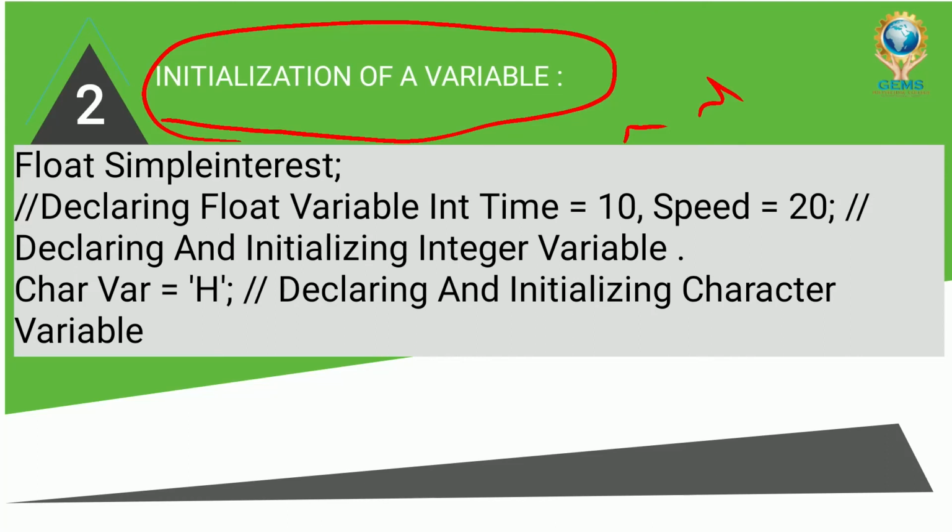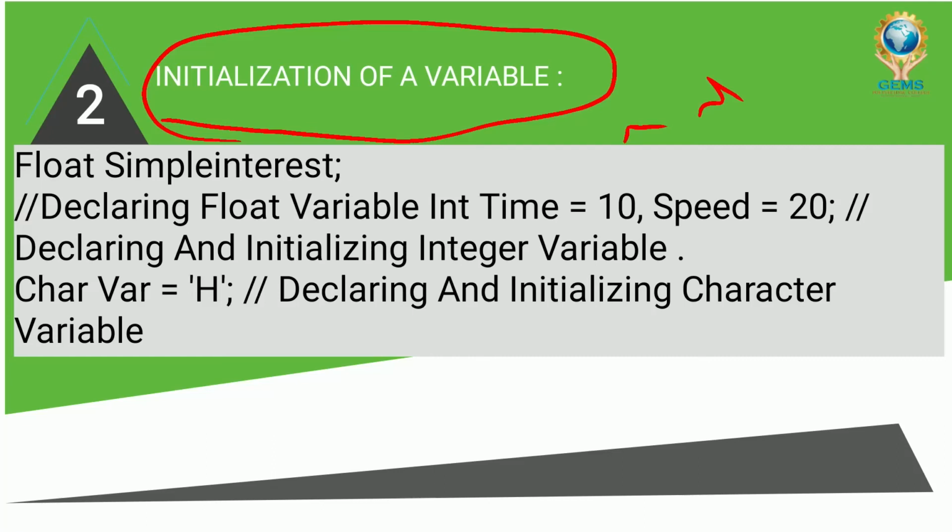What you are doing here: first we are declaring int time, and that is called declaration. Int time equal 10, that is called initialization. Assigning the value to that variable is called initialization. Then char var equal to h. Here also we are doing initialization and declaring at the same time.